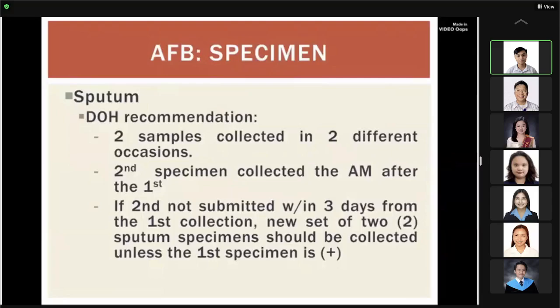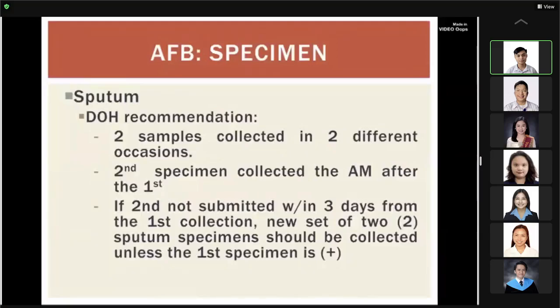Dati, 3 samples ang kinakailangan na i-test, pero recently, na-revise siya. Only 2 samples are required for the testing. Kung nag-collect ka ng first sample today, the second sample should be submitted tomorrow. Kung talagang walang choice, talagang kinakailangan ngayon pareho ang result, the minimum interval for the collection is at least 1 hour.